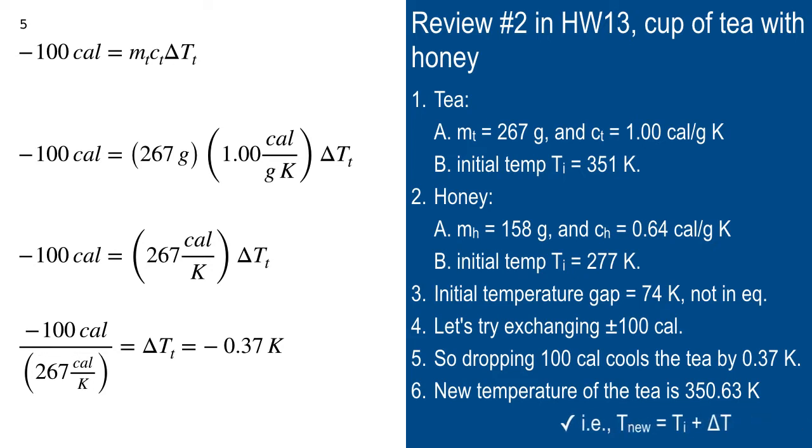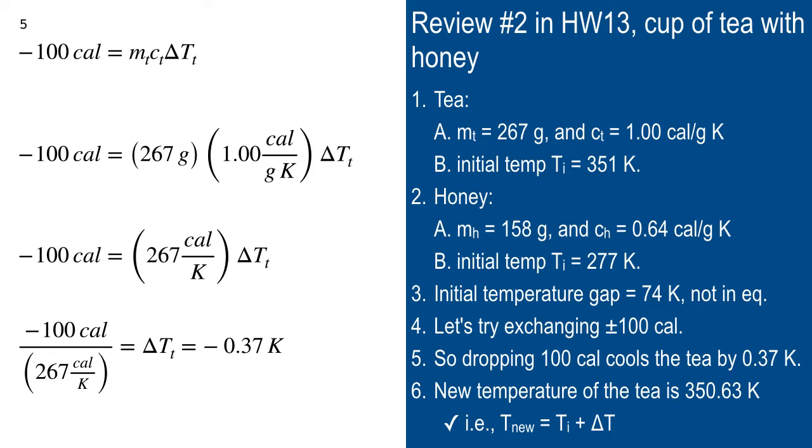Okay, so the basic formula here is your new temperature is whatever you started with plus your delta T. In this case, the delta T is negative, so it's like a subtraction. 351 minus 0.37. All right, now let me pause for questions.